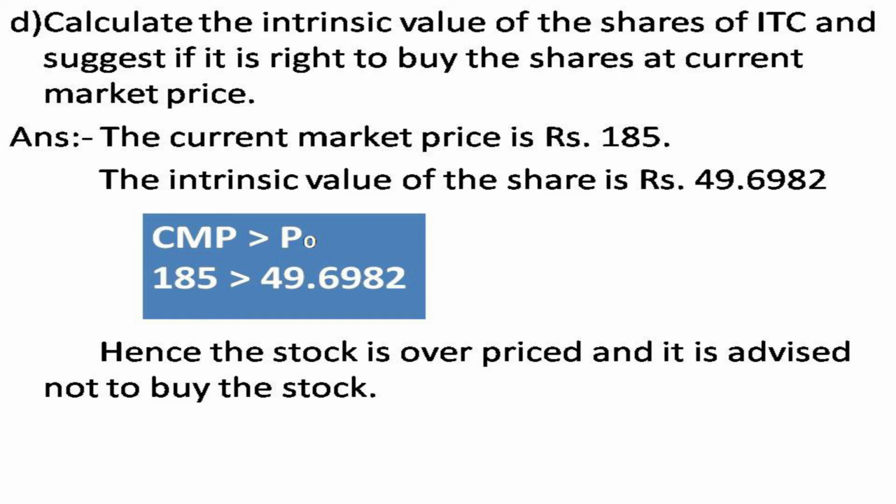After solving the problem, we can see that our intrinsic value of shares is 49.6981, and our current market price is 185. So here you can see that 185, the current market price, is higher than the intrinsic value, which is 49.6981. Hence the stock is overvalued, so it is not good to buy the shares.